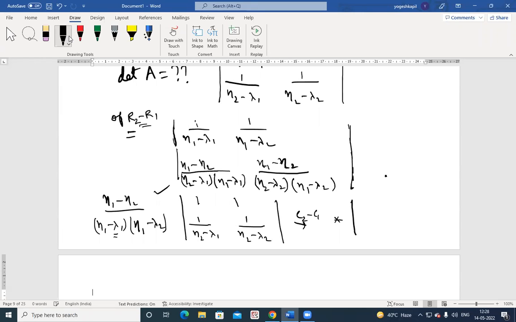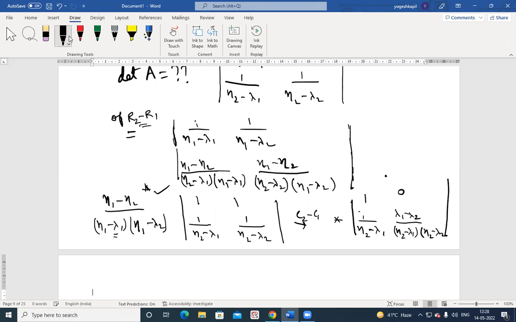Let me call this star. I get 1 upon eta 2 minus lambda 1. This is 0. What about this? Eta 2 cancels, and I get lambda 1 minus lambda 2, divided by both factors eta 2 minus lambda 1 into eta 2 minus lambda 2.